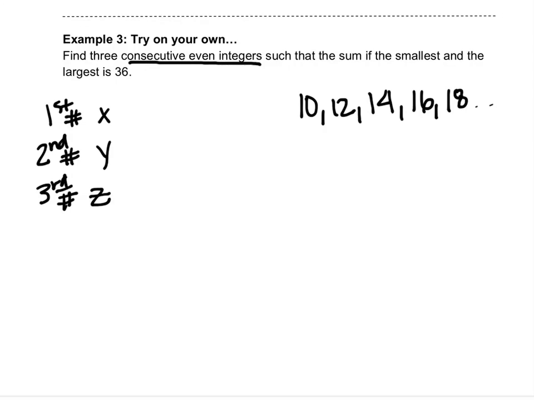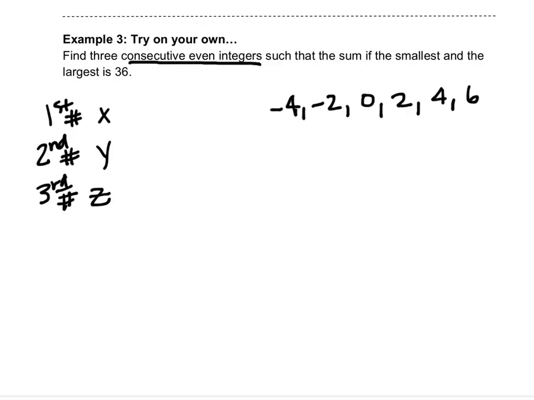They could also be negative numbers as long as they were even, and they can always include 0 as well. So for an even number, I could have -4, -2, 0, 2, 4, 6, etc.